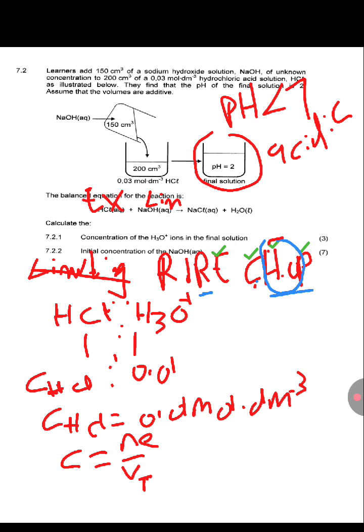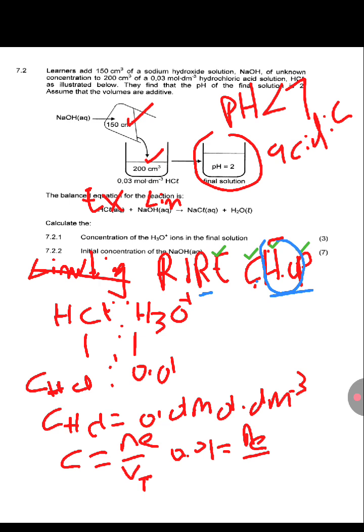Now the concentration, we got it, we said this is 0.01. The concentration 0.01 is equal to the number of moles in excess divided by the total volume. What is the total volume here? 150 plus 200 plus 200.